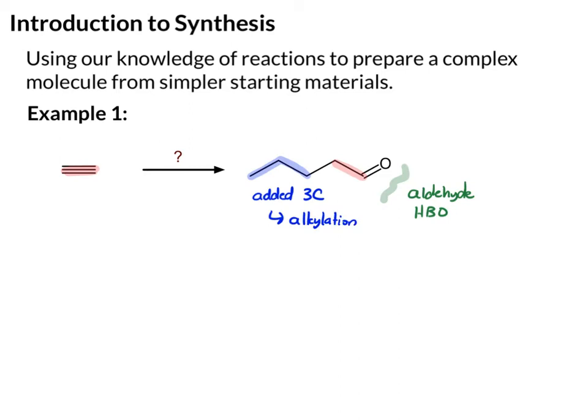Let's actually work this kind of backwards. And what I mean by that is starting at the product and thinking about what it came from. When we think backwards, we use an arrow that looks like this. This is called a retrosynthesis arrow. And when you hear retrosynthesis, that just basically means you're thinking backwards.